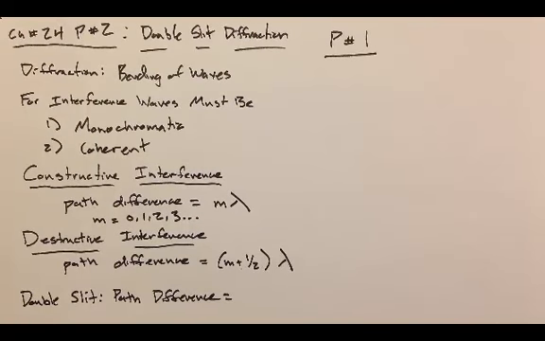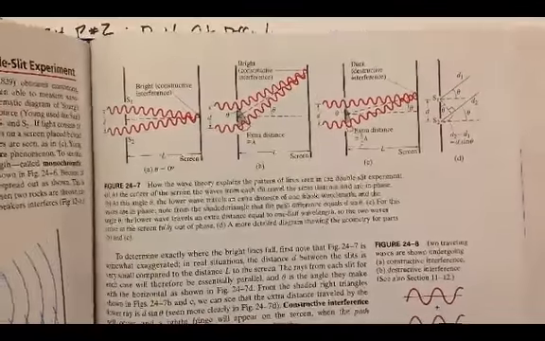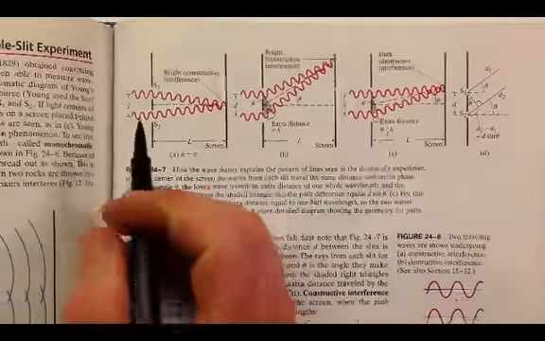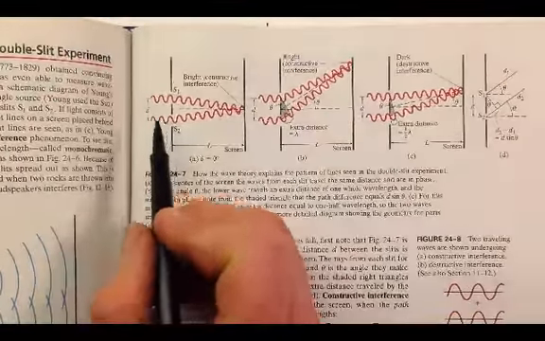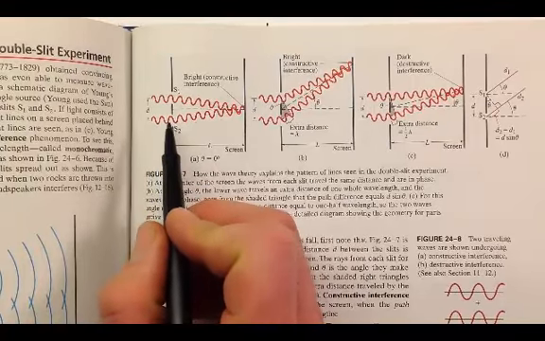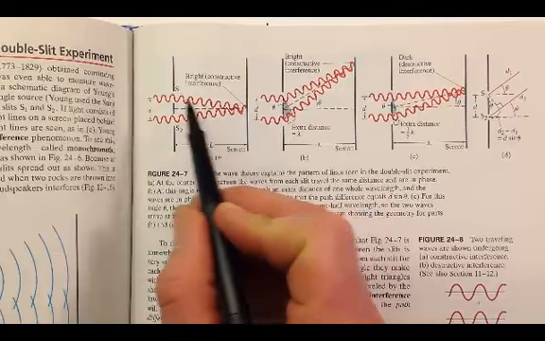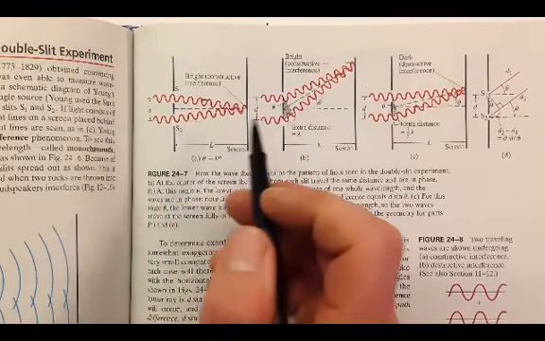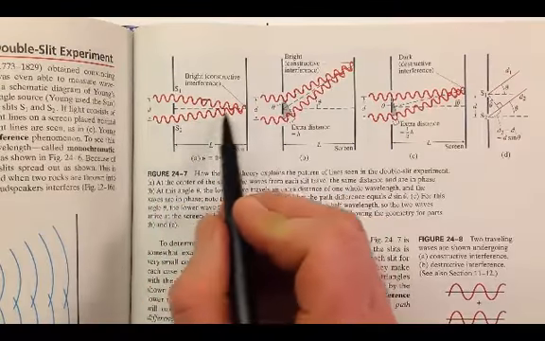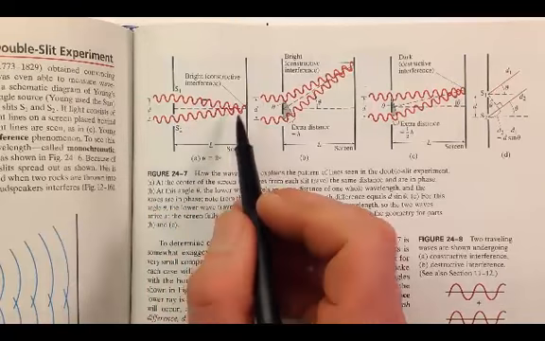Now let me show you a little picture here for what that means. Let's imagine I have some monochromatic, one color, coherent light, the light starting out in phase. And the light goes from here to here, so the path difference is 0. This wave is traveling the same distance as this wave.